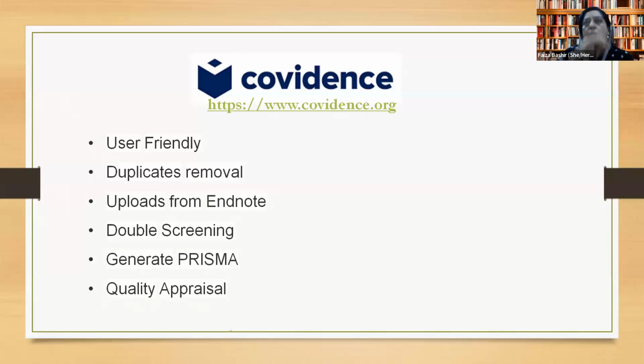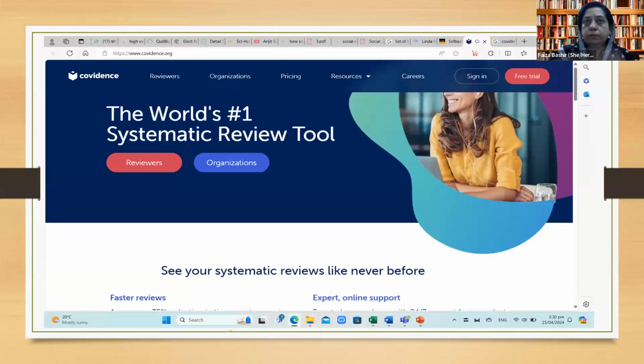You can upload the search data from EndNote or sometimes from Google Scholar and any other database. Double screening is possible. It automatically generates the PRISMA guideline, and quality appraisal and quality assessment are possible with the help of the tool generated in Covidence.